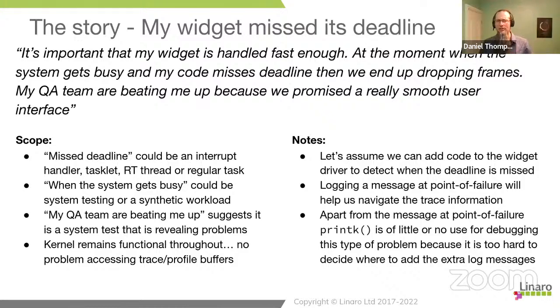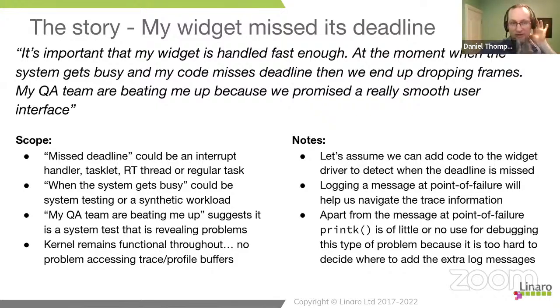The QA team are beating me up because we promised this nice, smooth user interface. What we've left very vague is the missed deadline. We haven't said if it's an interrupt handler, a tasklet, a real-time thread, a regular task. We don't know, even scheduling activity on the GPU. We have not defined what deadline we have missed.